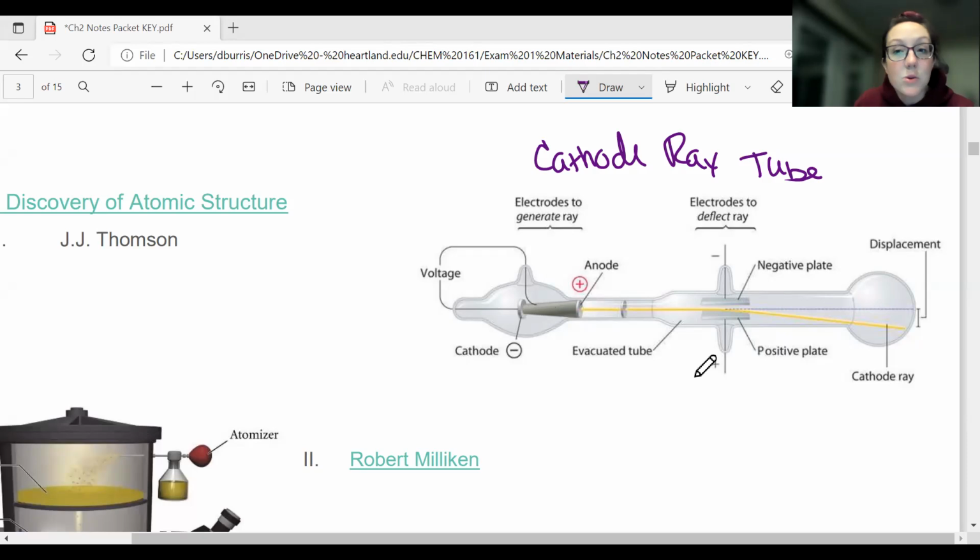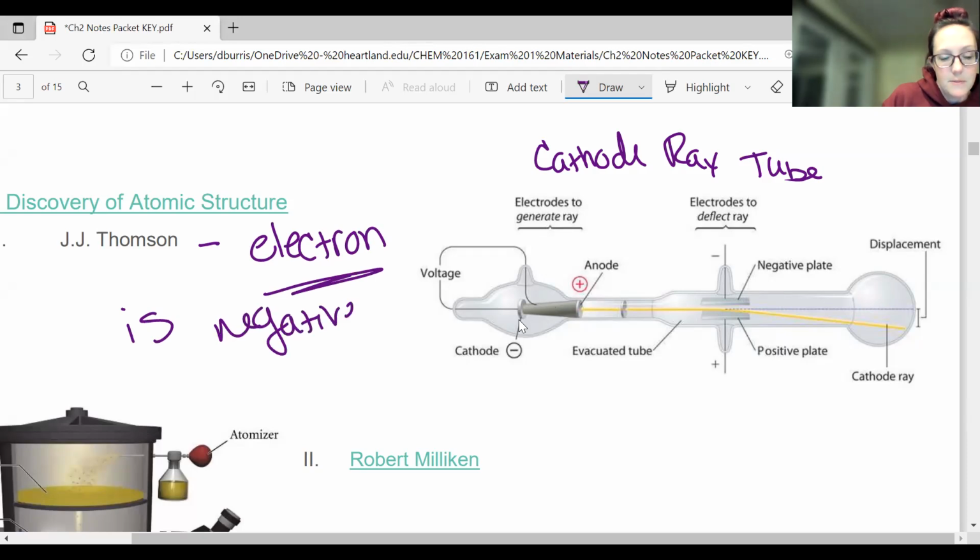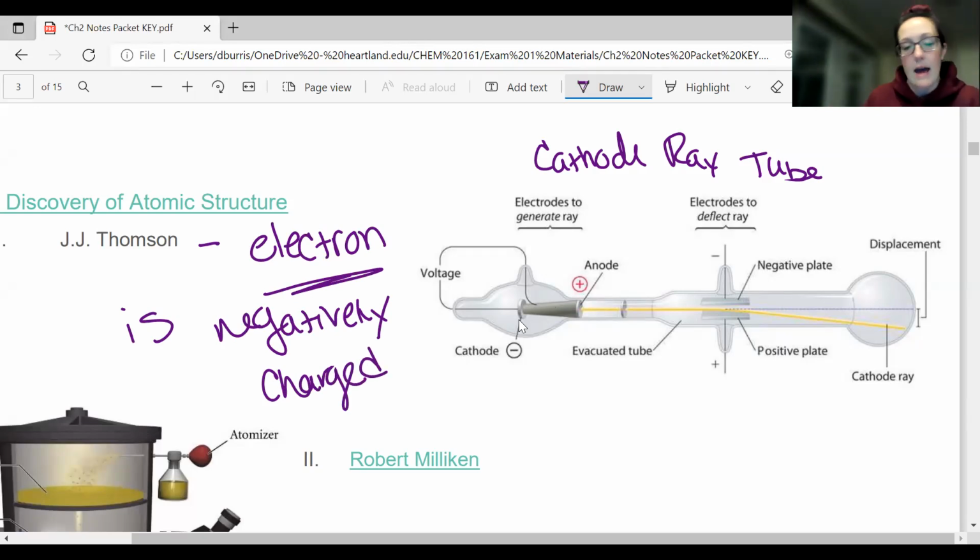So that meant there had to have been something there that was negative. So essentially, he discovered the electron and the fact that it is negatively charged. Okay, so he's like, oh, there's a negatively charged particle within the atom. And so even if it was something going through, it was going to have a negative charge in there because it always attracted to the positive.